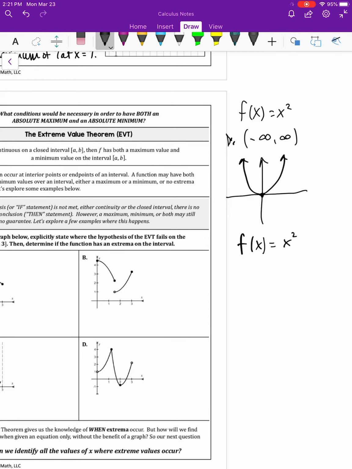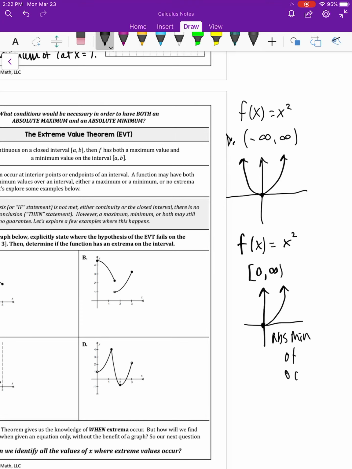Now, what if I said, let's look at the same function, only this time from 0 to infinity? So we're only looking at half of it. It's closed on one side, but not on the other. Well, that means it's going to have an absolute minimum, but it's not going to have an absolute maximum, because this is not a closed interval. It's a half-closed interval.